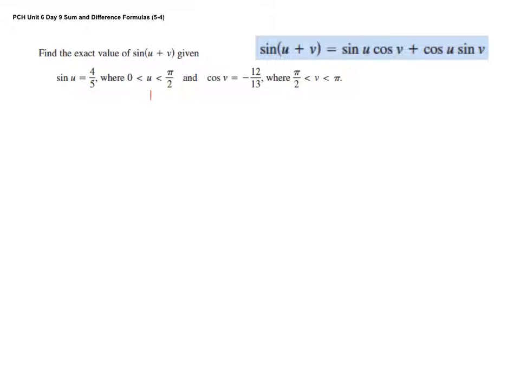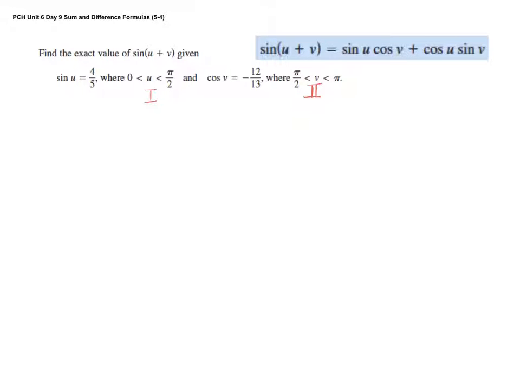And then we're told that the cosine of angle v is negative 12/13, and v is between pi over 2 and pi, so that means v is in the second quadrant. Cosine was negative, so we knew it had to be second or third, and this confirms it's the second.